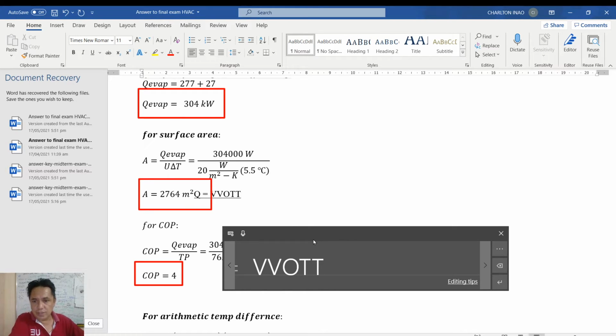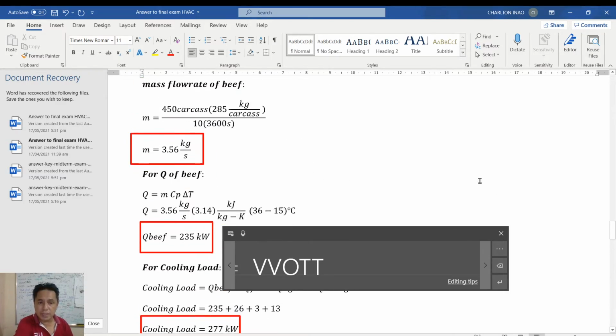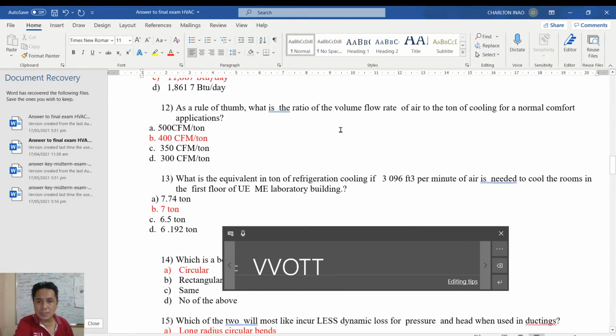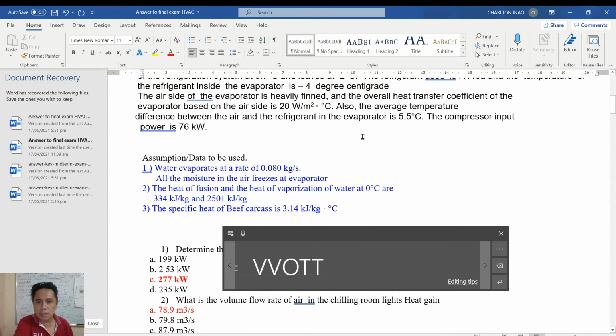If we have that, we can solve for this. The overall heat transfer coefficient is 20 watts per square meter Kelvin, and the delta T is 5.5. How did we get that 5.5 delta T in the evaporator? If we look back at the evaporator, there was a given here: the average temperature difference between the air outside and the refrigerant inside the tube of the evaporator is 5.5.